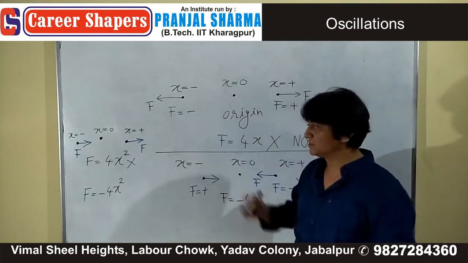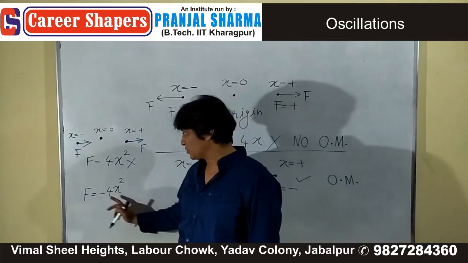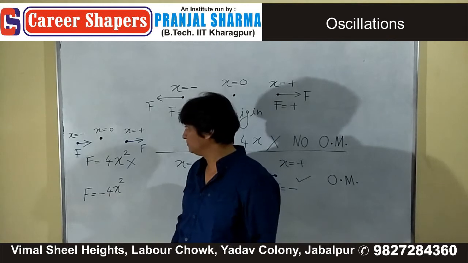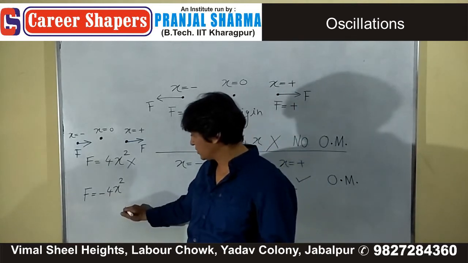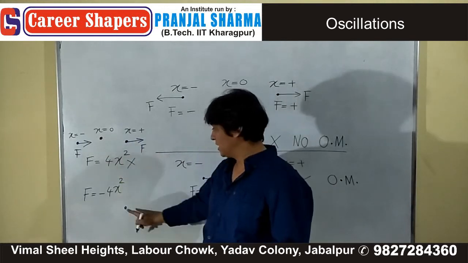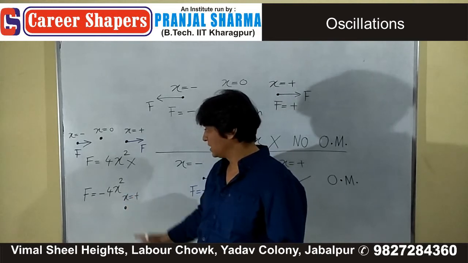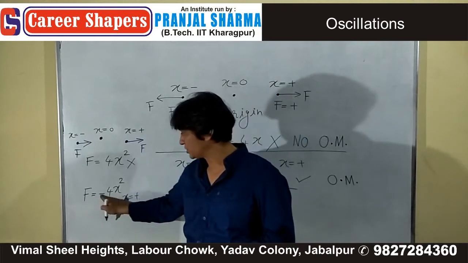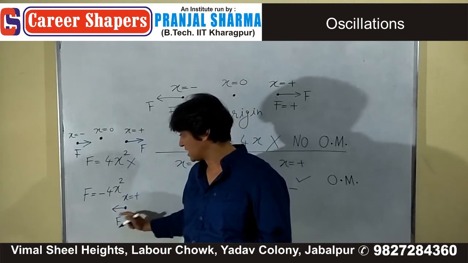Then come back and see the solution. Now, if force is minus of 4x square, then what happens? If object is on this side, this is origin, over here your x coordinate is positive, force is coming what? Negative. Force is in this direction.